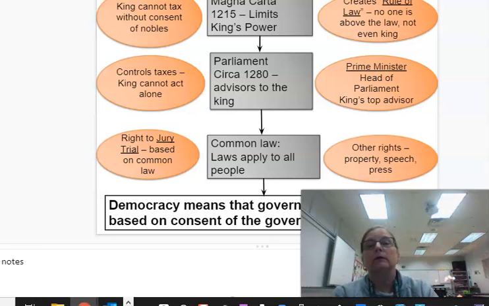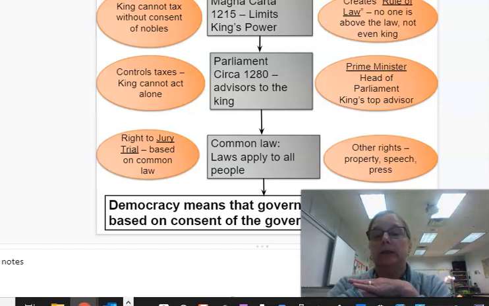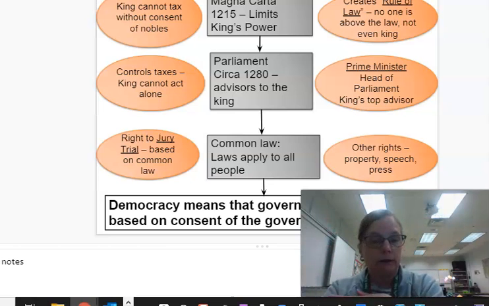So the Parliament, when James I becomes king, who we talked about last class, they control the money. They control the taxes. And then you have English common law, which sets up that the law applies to everybody, even the king. This was not the case in France under Louis XIV.